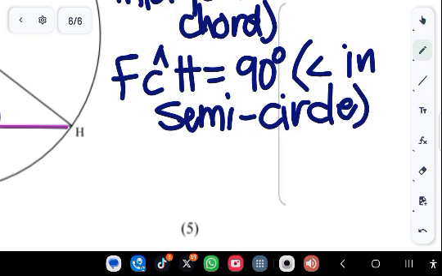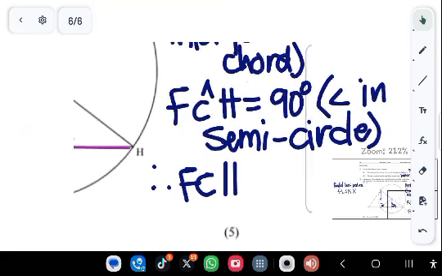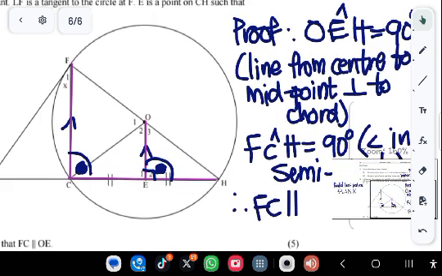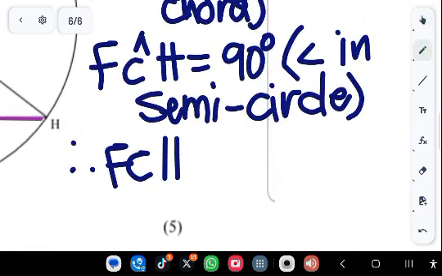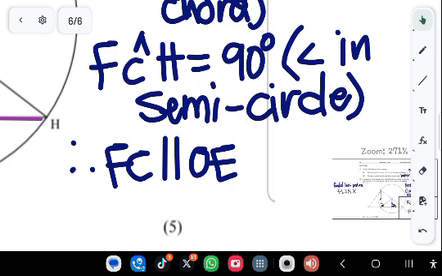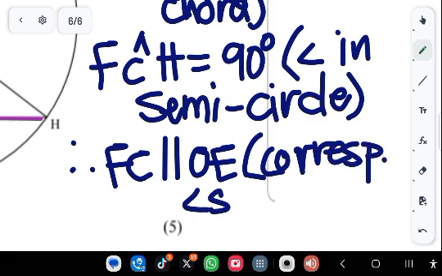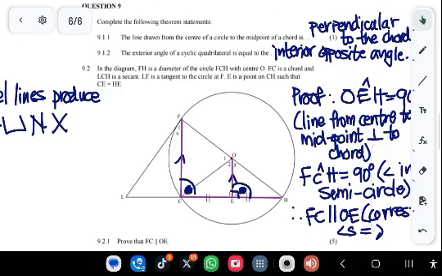Now, therefore, FC is parallel to OE, and the reason is corresponding angles equal. That's how you do it.